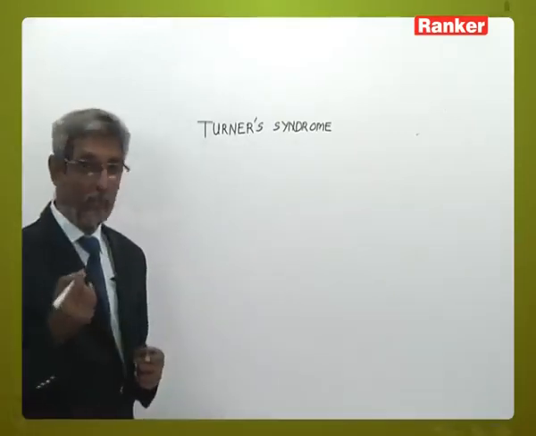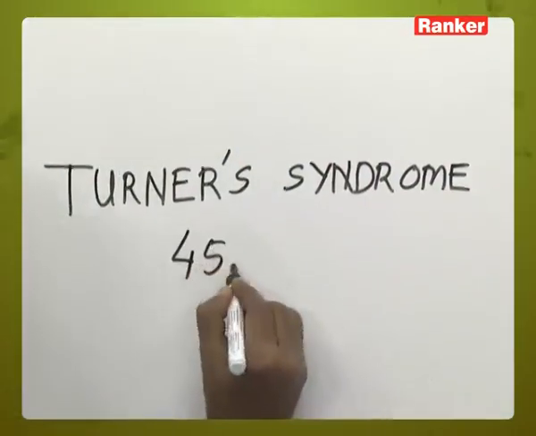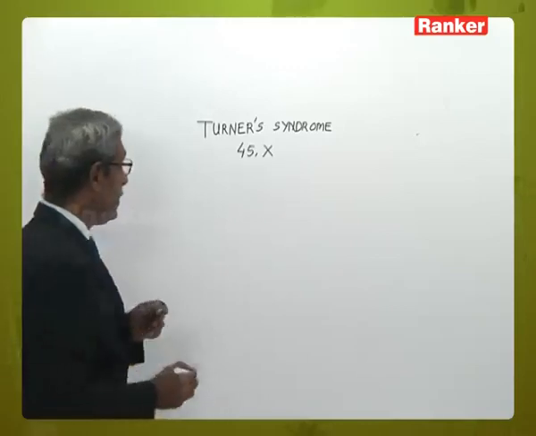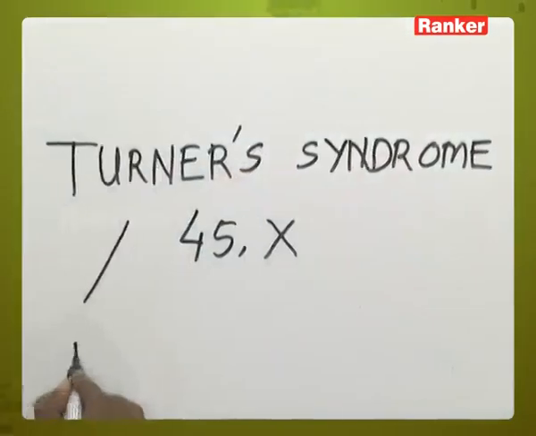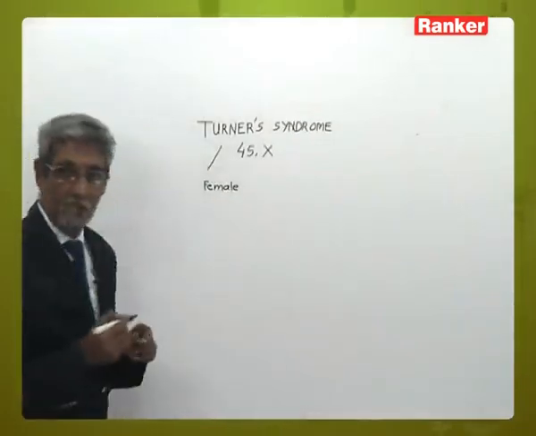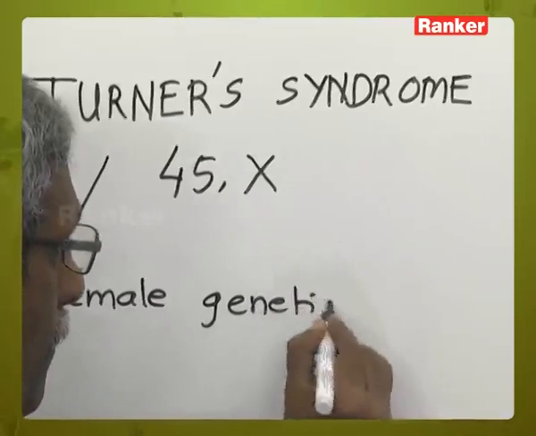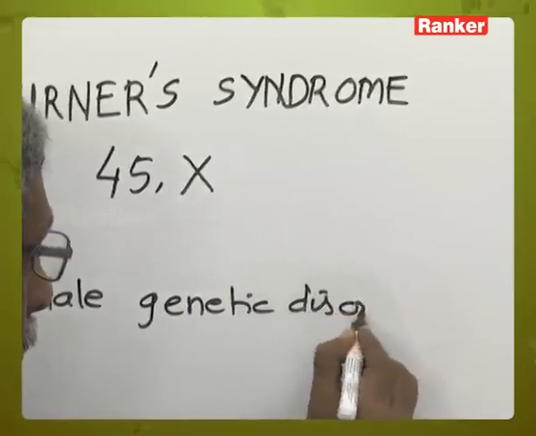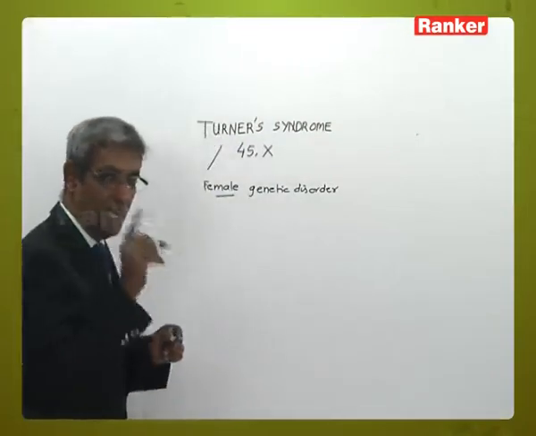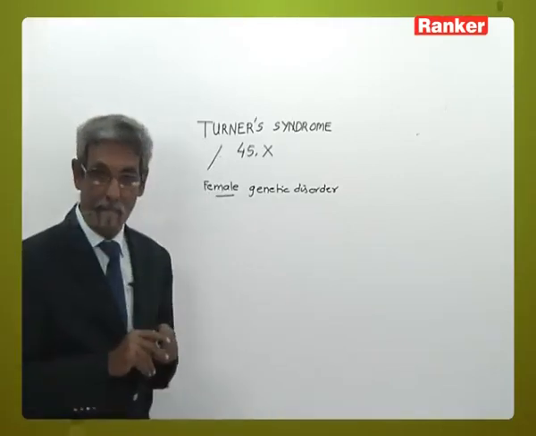In the case of Turner syndrome, it is designated as 45, X. The Turner syndrome is a female genetic disorder, while in the case of Klinefelter, it was the male. In the case of Turner, it's always the female.